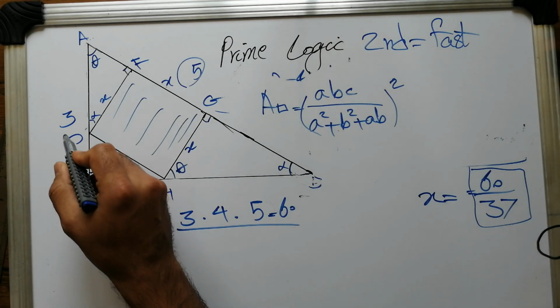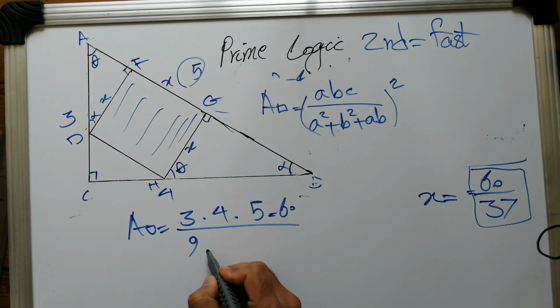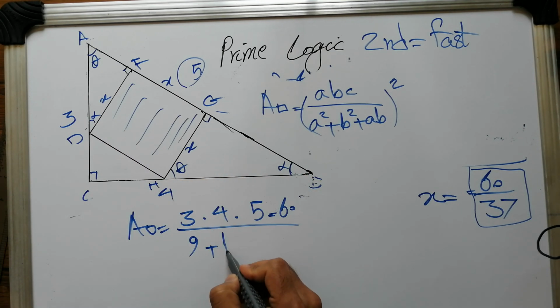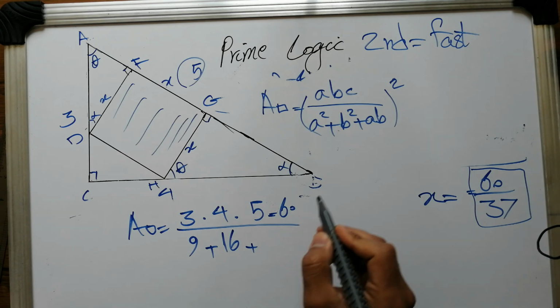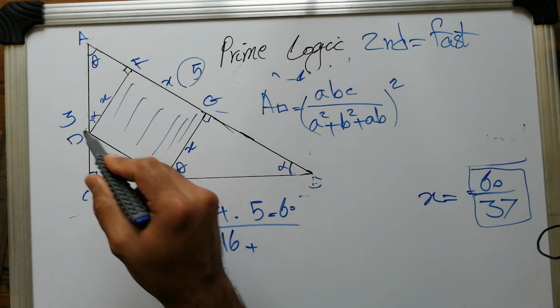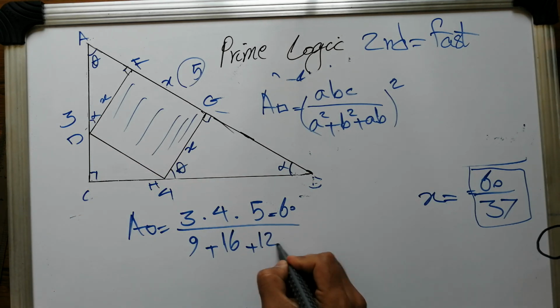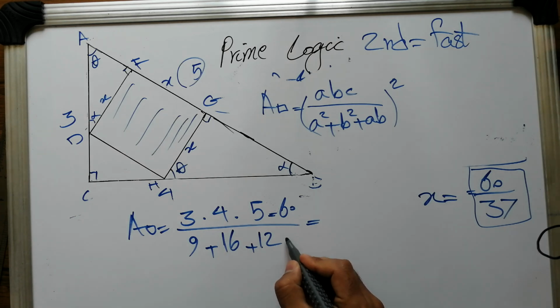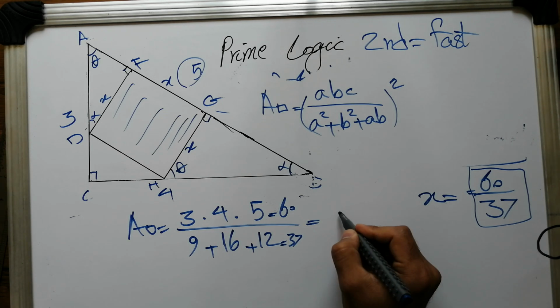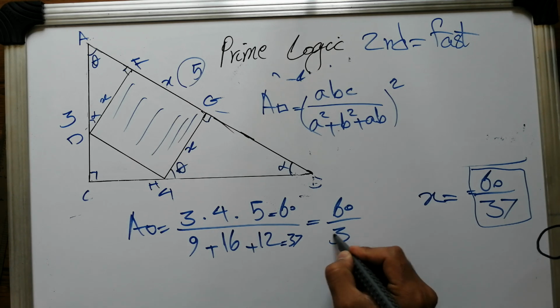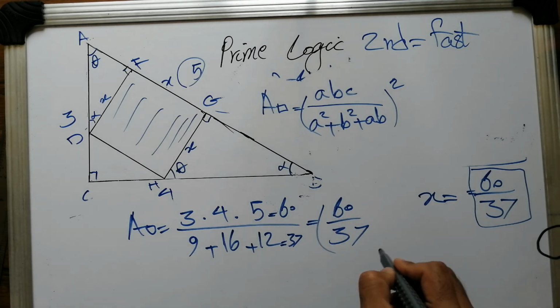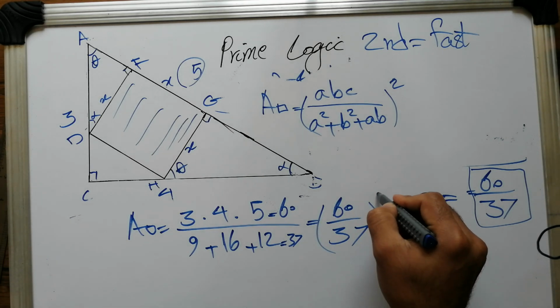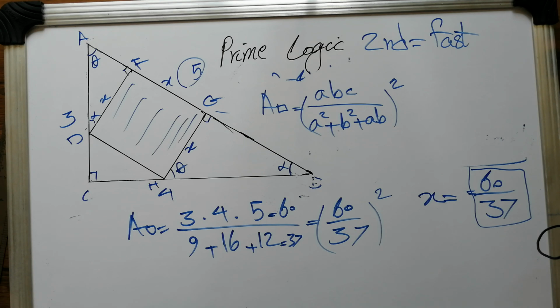And A squared, so 3 squared, which is 9, plus B squared, which is 16, plus the product of those, A times B, which is 12. And this is going to be 25 plus 12, that's 37. So we found the same thing. The area is this fraction raised to the power of 2.